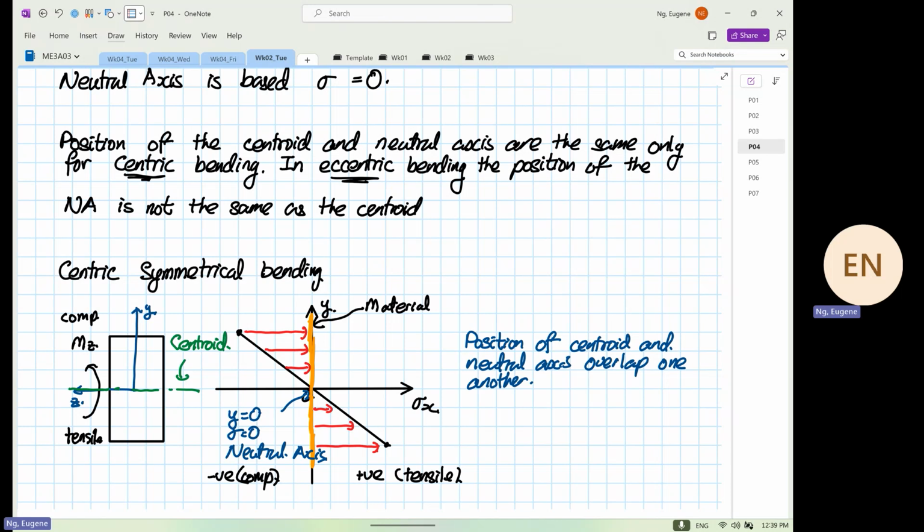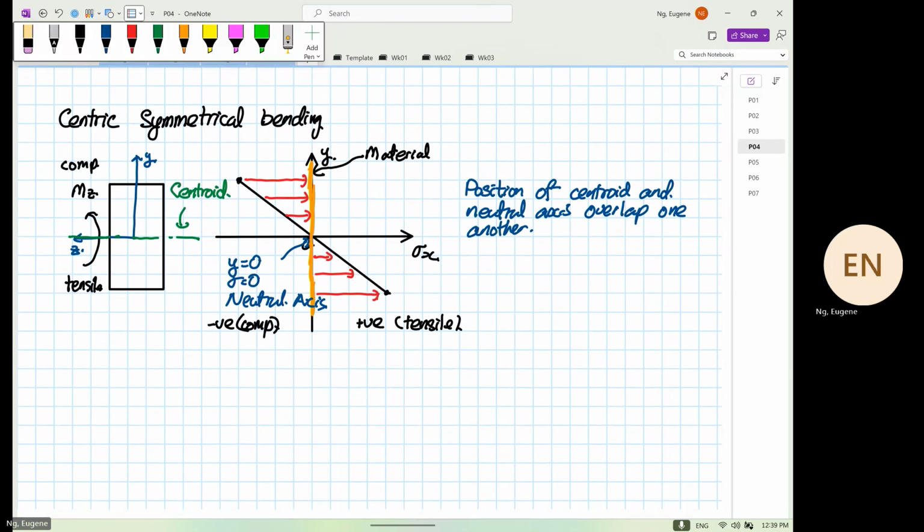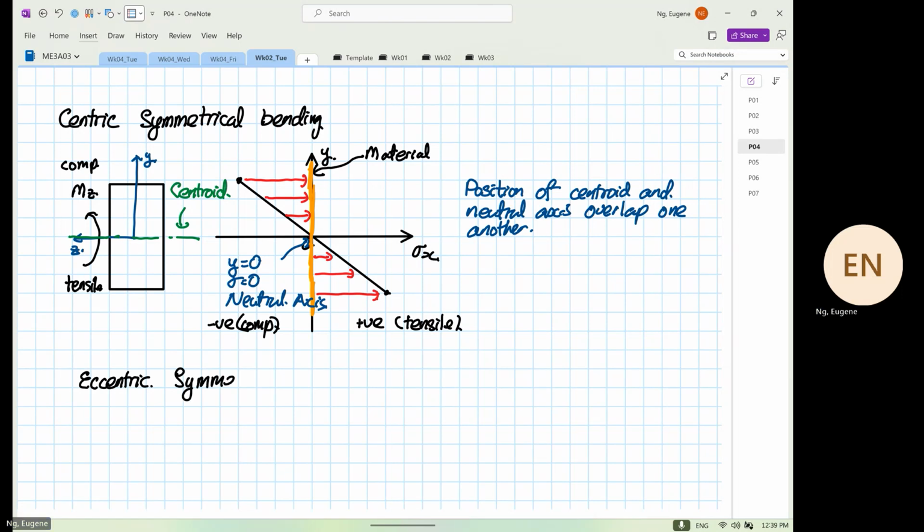Now, if we look at eccentric, next we look at eccentric symmetrical bending. Okay.